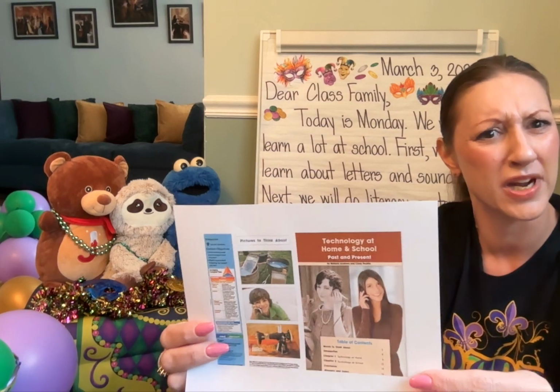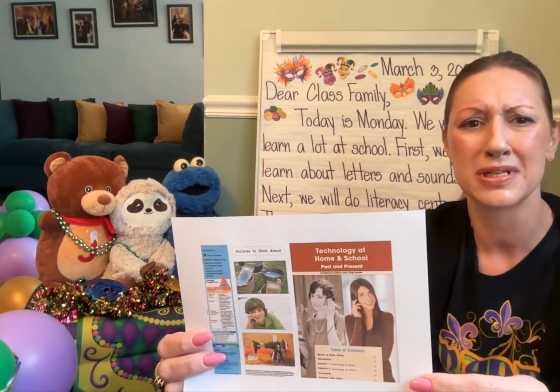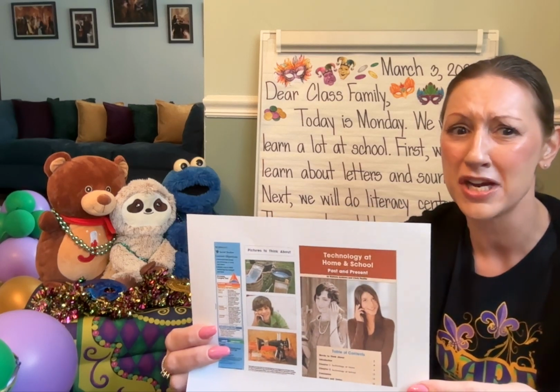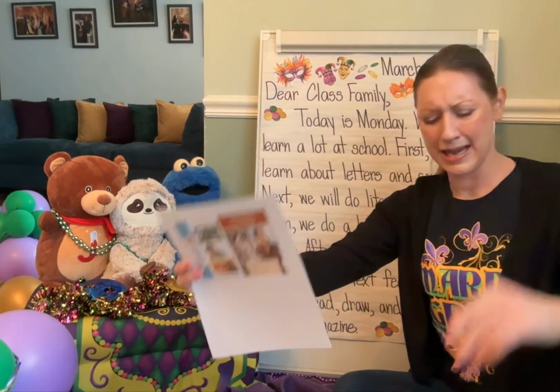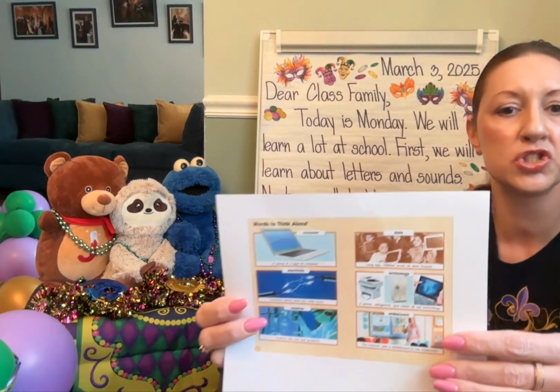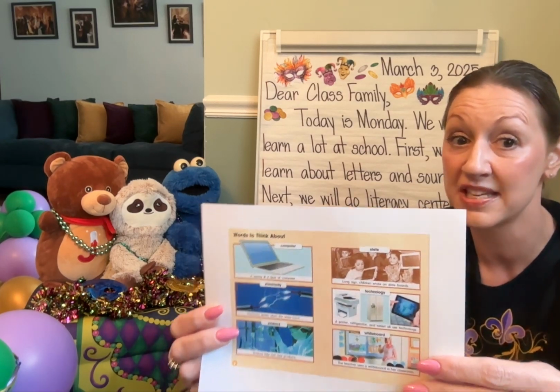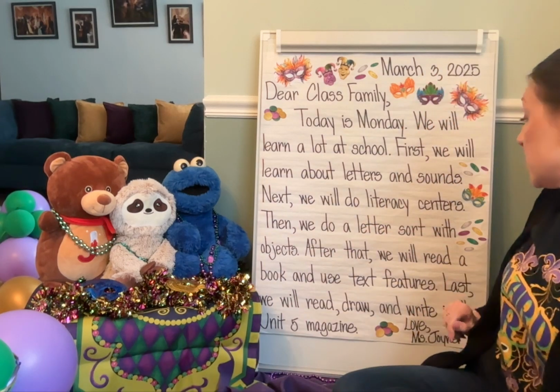That's what good readers do. We're going to use the title, table of contents, illustrations, captions, headings, all sorts of things, words in bold print, lots of things to help us to understand the text. And that's what good readers do. So we're going to use nonfiction text features.